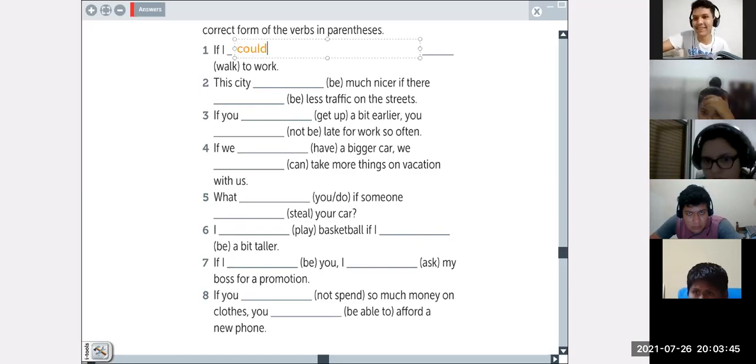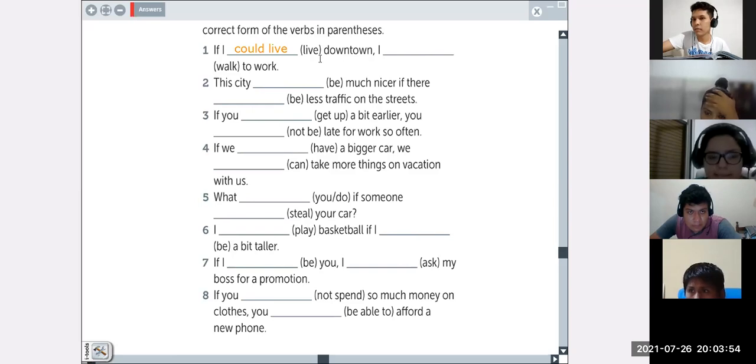Me acabo de confundir. Ok, vamos a escribirla para luego verla. If I could live in downtown. Recuerden que cuando decimos downtown no es necesario decir on, in, or at the, solamente downtown. No necesitamos ninguna preposición, ¿ok?